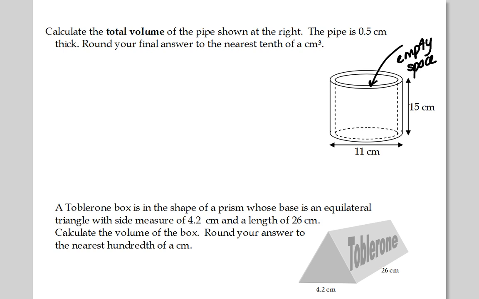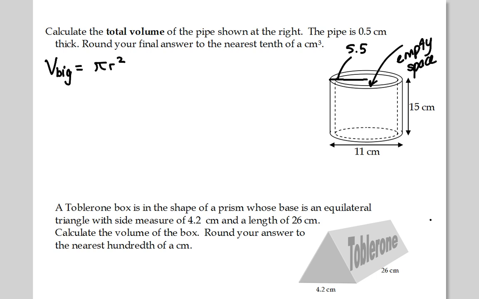Okay, we're going to pretend that the cylinder is completely filled in. Let's just imagine that the cylinder was completely filled in. From the far edge to the middle, what would that radius be? 1/2 of 11 is 5.5. So let's go volume big.